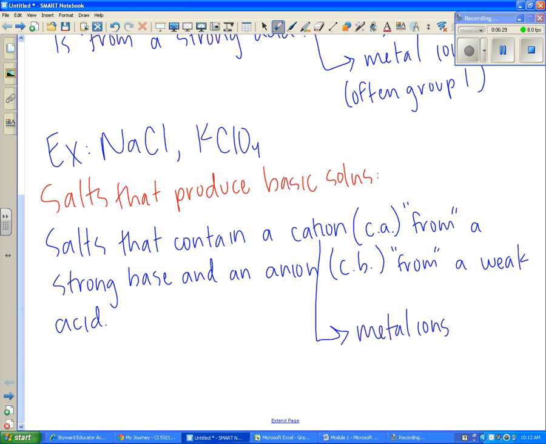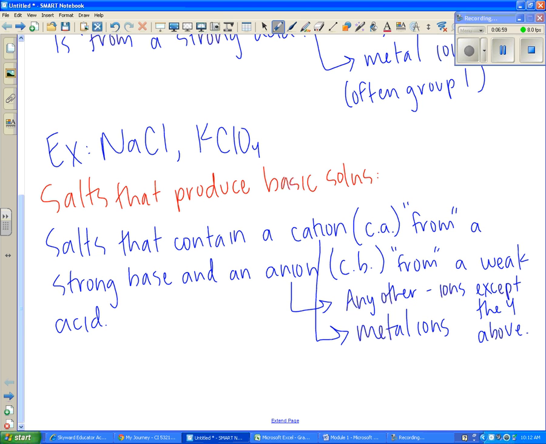What about the anions? What kind of anions would we see? Any other negative ions with the exception of the 4 listed above.